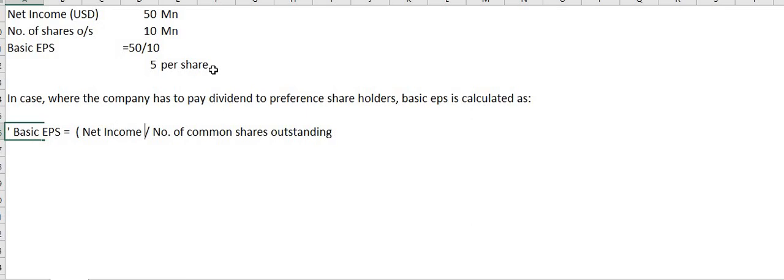Income that is available to common shareholders is only the net income whichever is left after paying the preferred dividend.